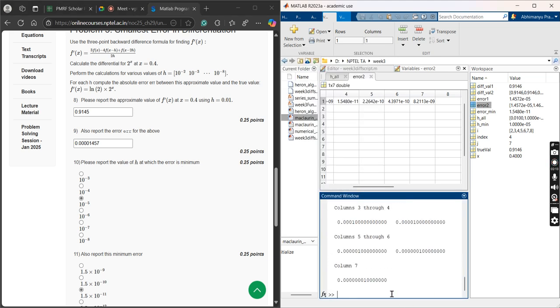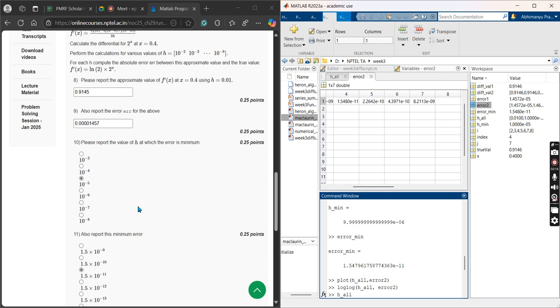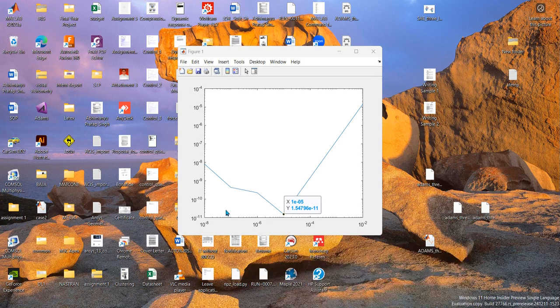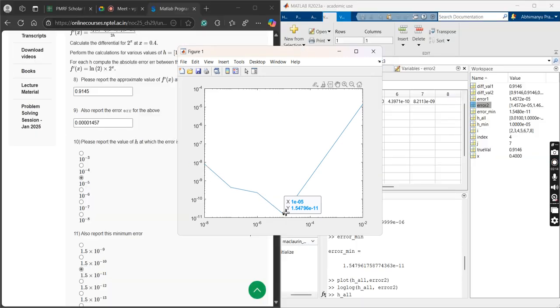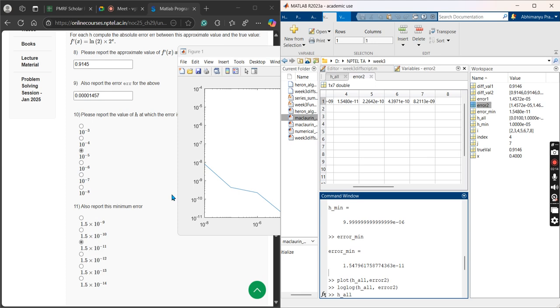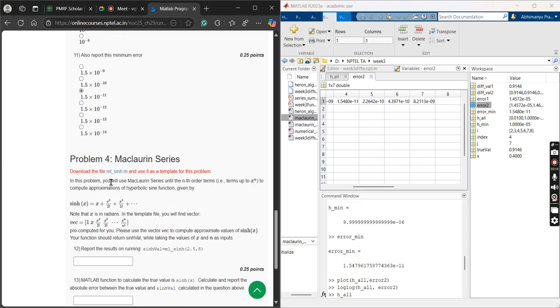Okay. Yeah. So this is the fifth value only, right? Fine. Now let us go to the last function. So download the file and use it as a template.